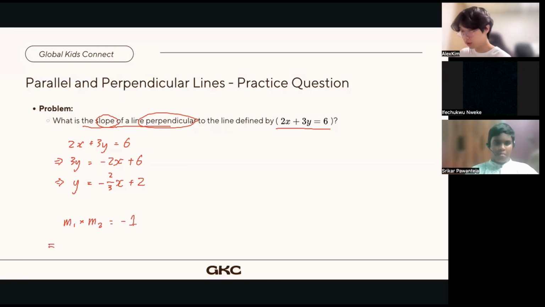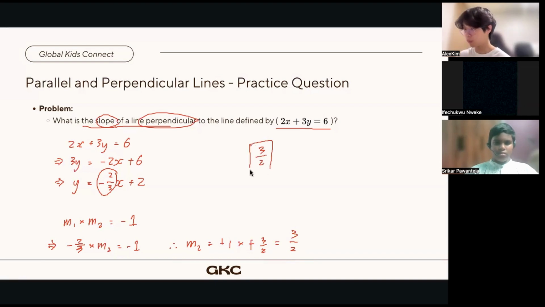Because the slope of the first line is -2 over 3, we put -2 over 3 here, and put m2 as the variable, equal to -1. We divide each side by -2 over 3 so that m2 equals -1 times -3 over 2. The negatives cancel out and it equals 3 over 2. Therefore, our final answer is 3 over 2.